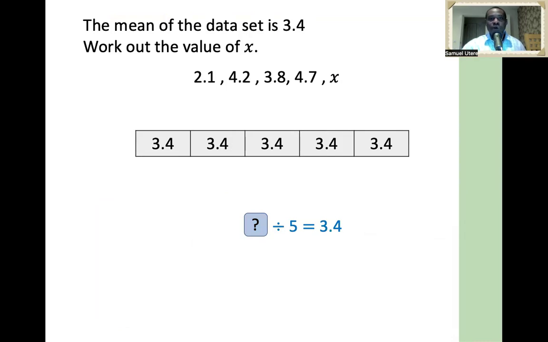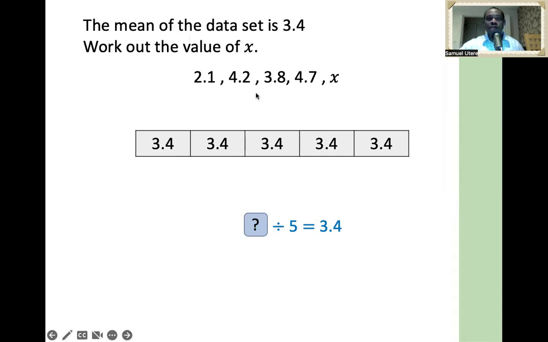Now, what this means is that if we were to use a block diagram or a bar model to represent this, if you remember our very first example when we had those blocks, sharing the blocks equally among all the individuals made sure that each of the individuals had the same amount. That's what the mean does.